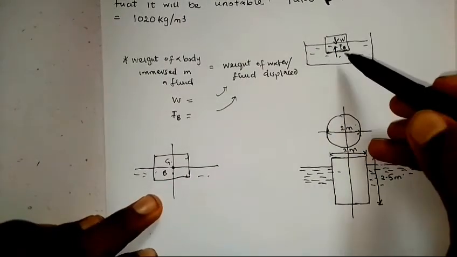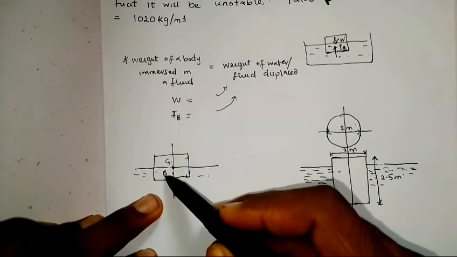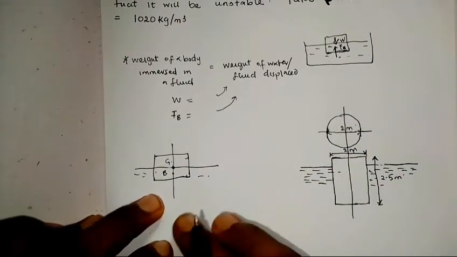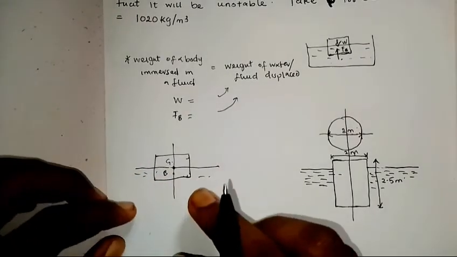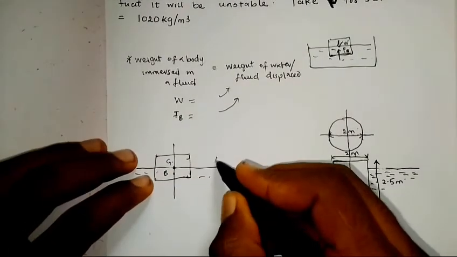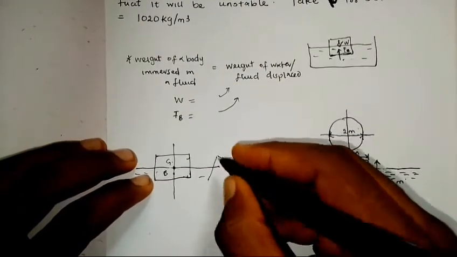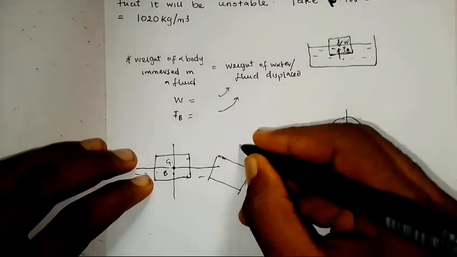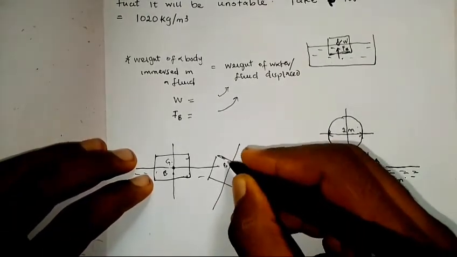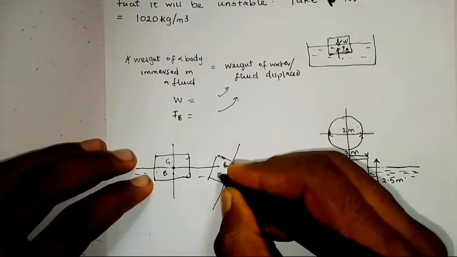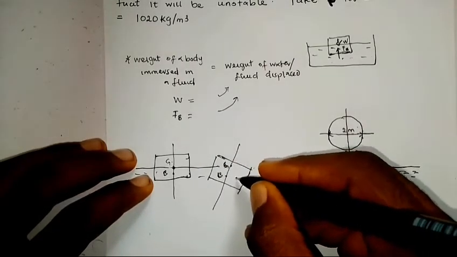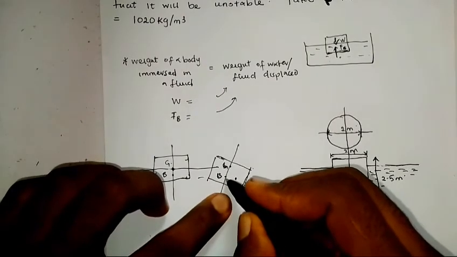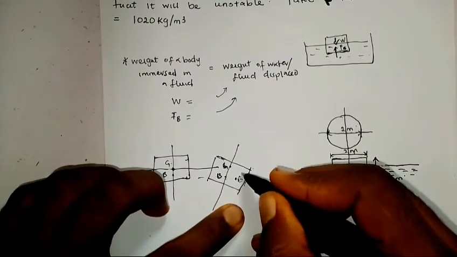When this substance is immersed in this liquid and it is given a slight displacement, there will be a new center of buoyancy, because the substance will adjust. The force of buoyancy will not be acting at this point again, it will be acting at the new center of buoyancy.